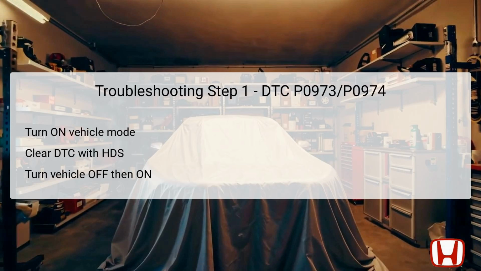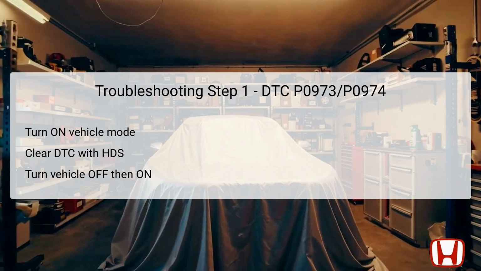The first step in troubleshooting DTC P0973 and DTC P0974 involves verifying the existence of the trouble codes using a Honda Diagnostic System (HDS) tool. Begin by turning the ignition key to the on position without starting the engine.